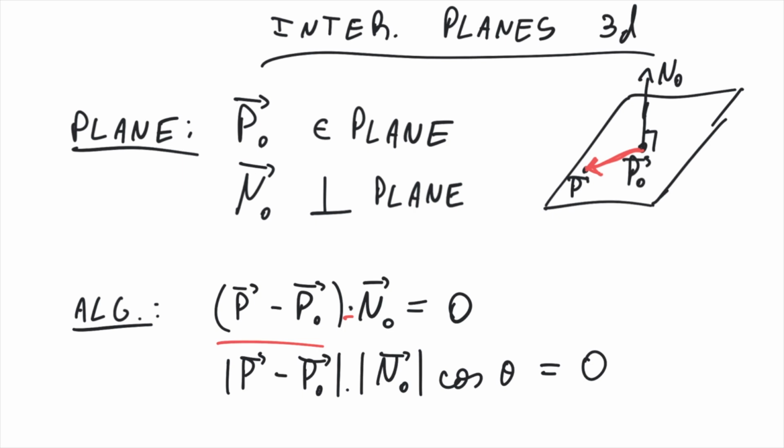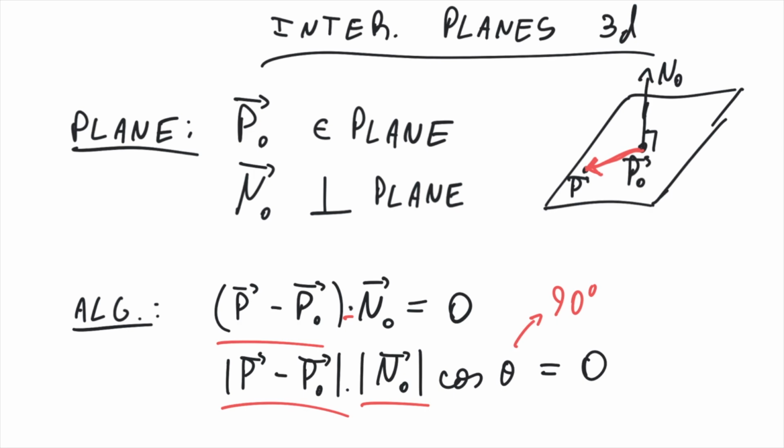Since both the difference and the norm of the normal are non-zero, the only possibility is that the angle is 90 degrees and the cosine is 0.